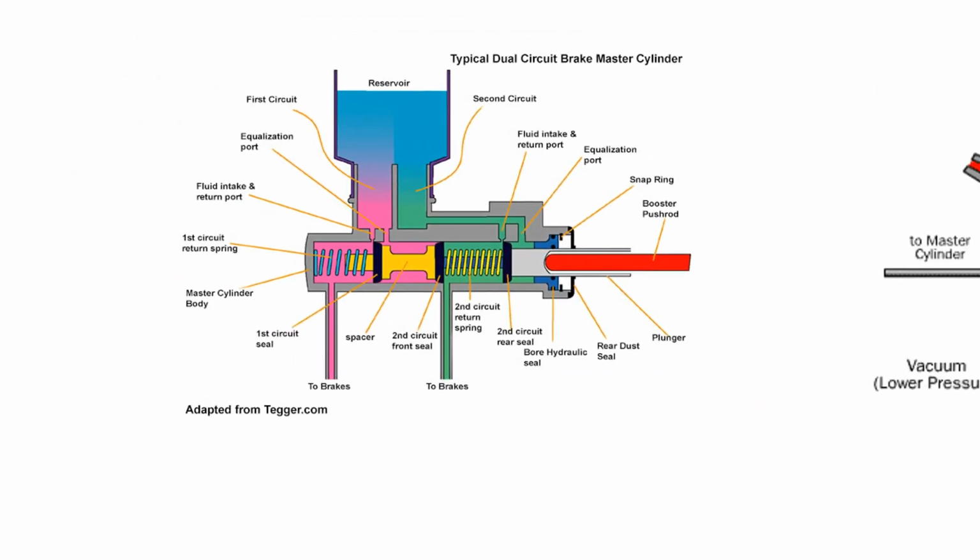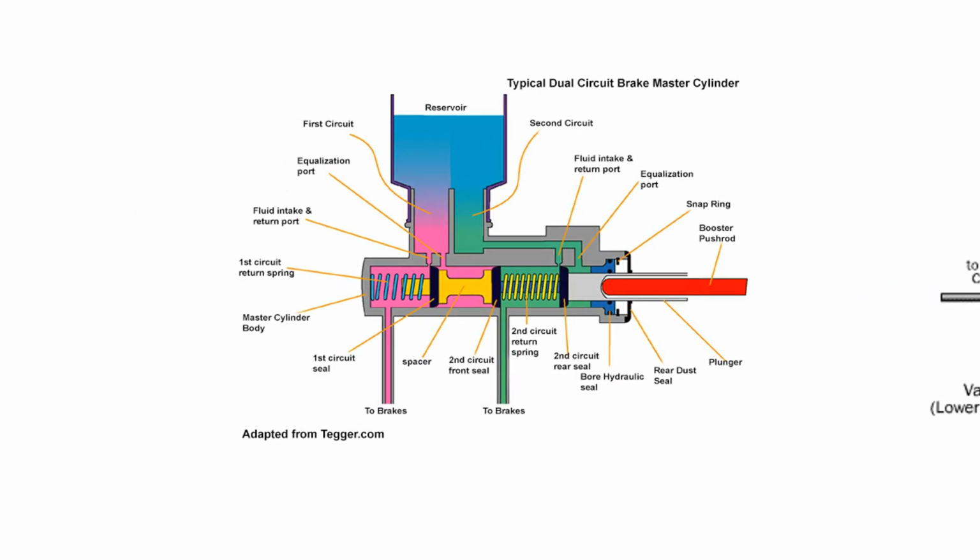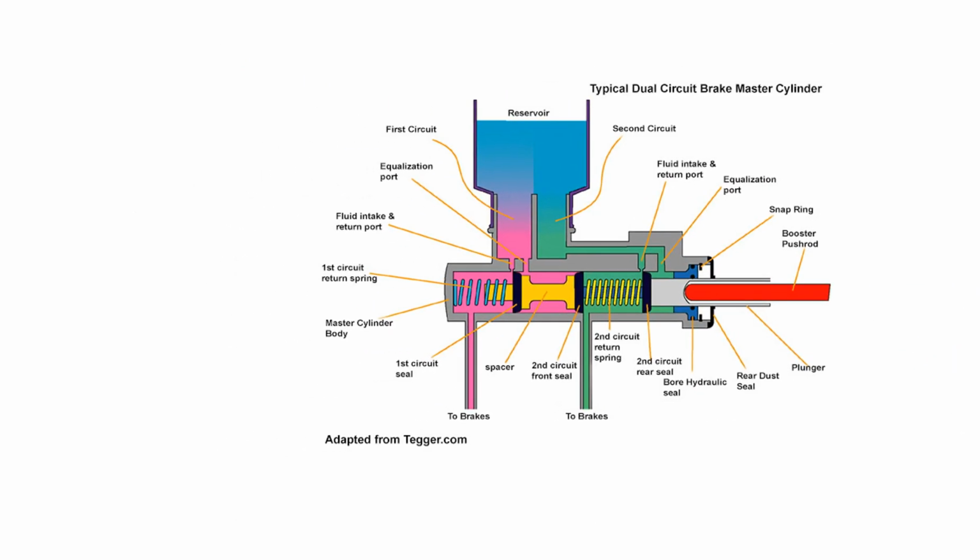Now we'll talk about the master cylinder. So you can see that this is the push rod pushing in from the vacuum booster. And as we put pressure on the vacuum booster, we have two circuits. We have the primary circuit, which is at the front here, and we have the secondary circuit.